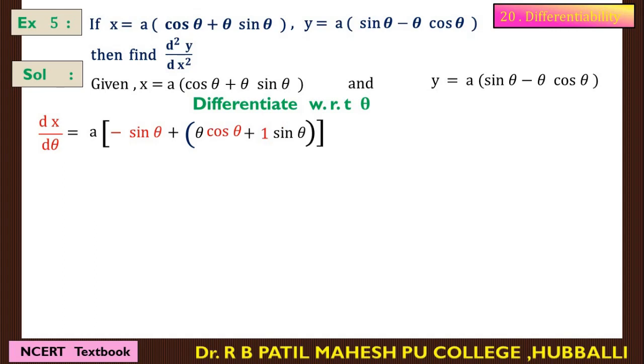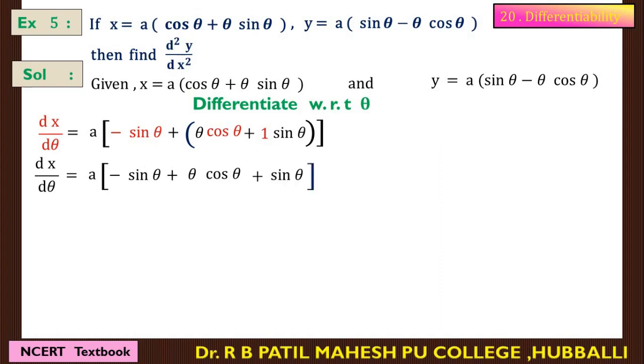Complete the bracket. Next step, a as it is, minus sin theta as it is. Multiplying by 1 it remains the same, theta cos theta plus sin theta.